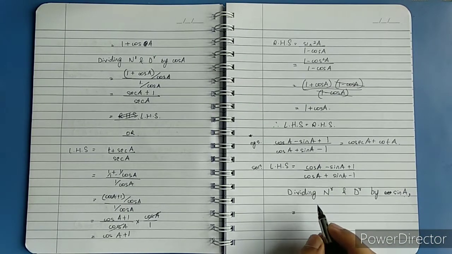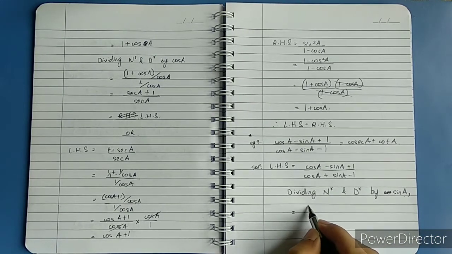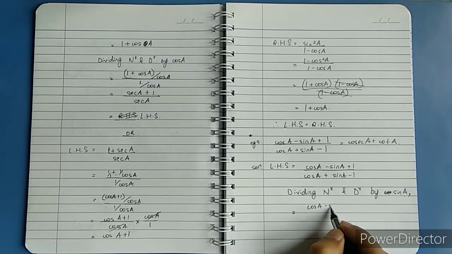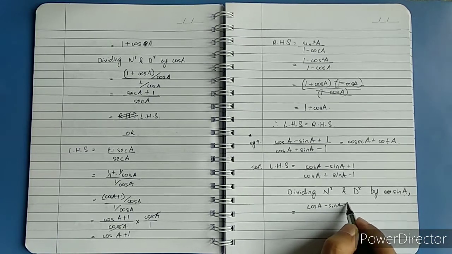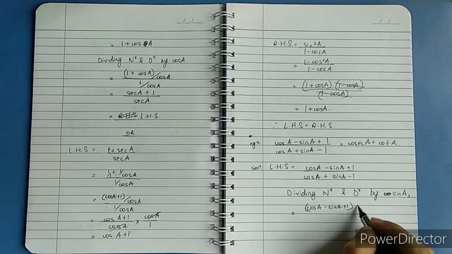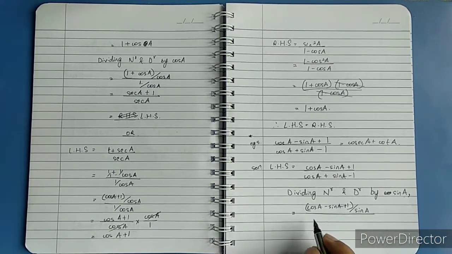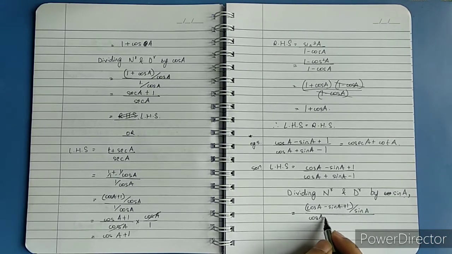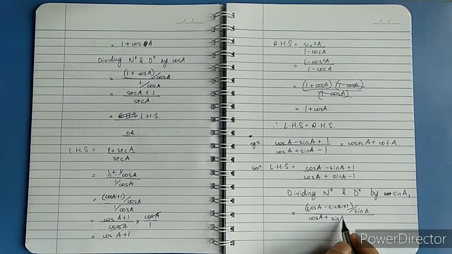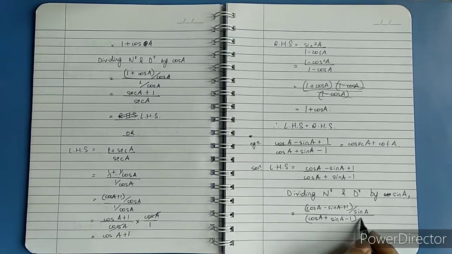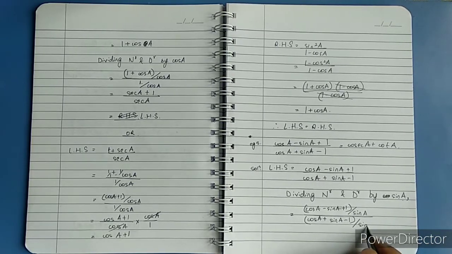So this is equal to cos A minus sin A plus 1 whole divided by sin A, and the denominator cos A plus sin A minus 1 whole divided by sin A.